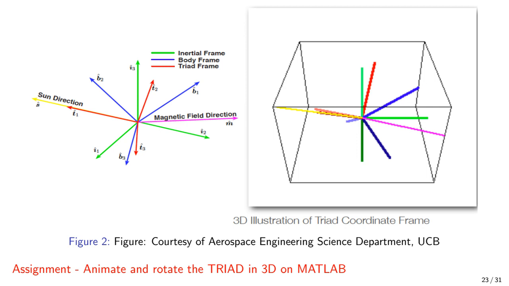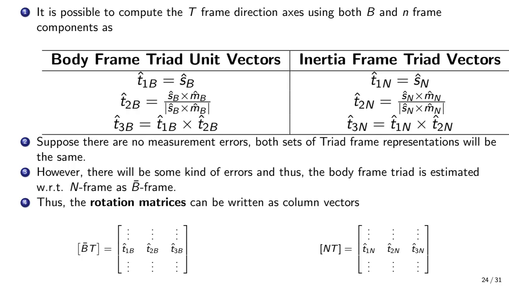And then here we go. This tells us it is possible to compute a T-frame direction axis using both our B and N frames. B is the body frame, and N is your inertial frame component. So what we want to do is compute the T-frame direction for each of these separately, that is, for the body frame separately and for the inertial frame separately.